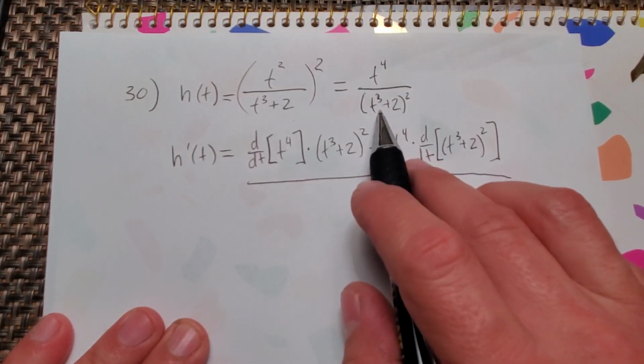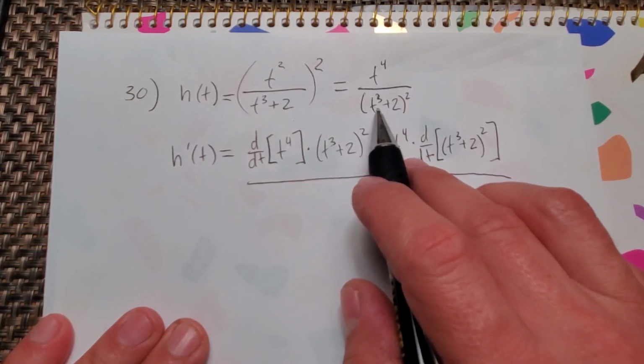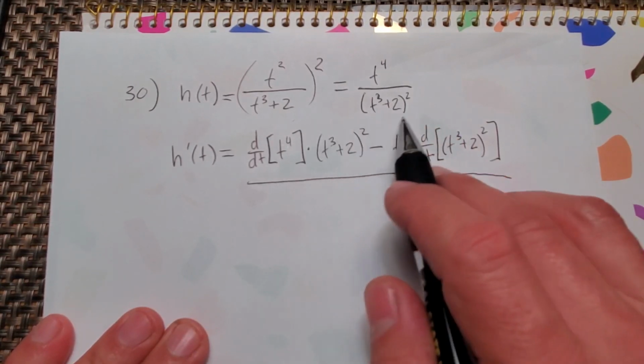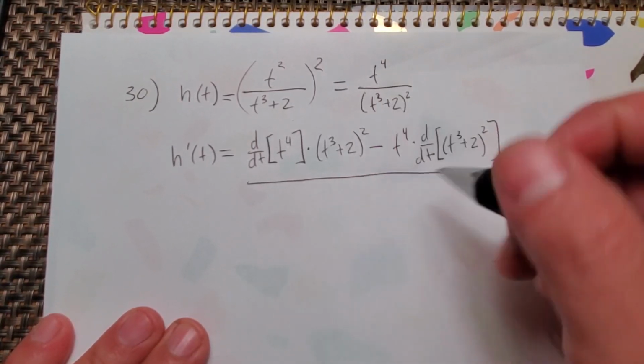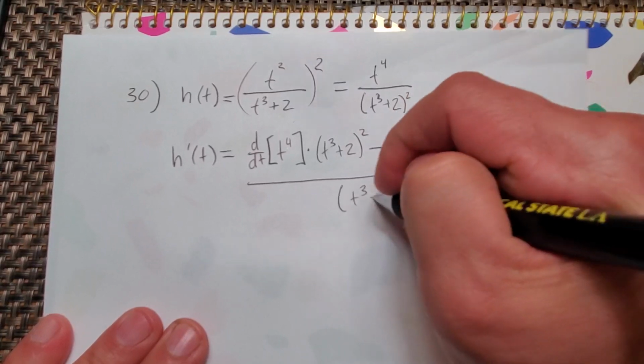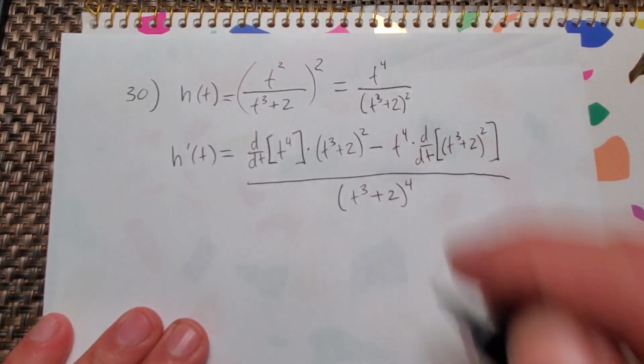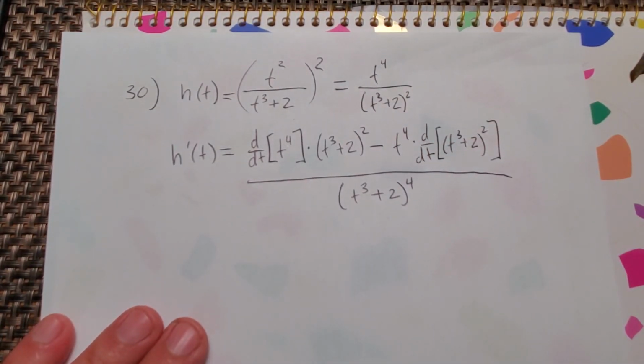Well, the denominator is t to the third plus 2 squared. So if I square this entire denominator, I end up with t cubed plus 2 to the fourth.